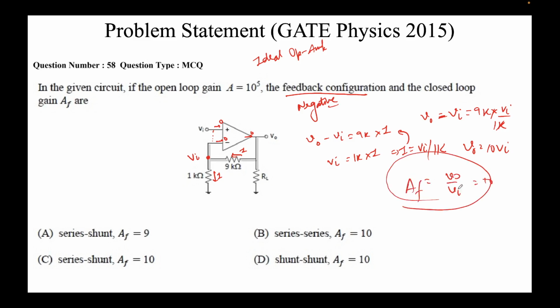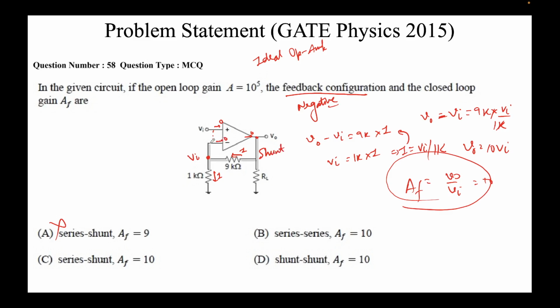This is the gain that we are getting. So this option is eliminated, because our gain is 10, which makes it the incorrect option. Now we have these three options left, and we need to identify which configuration this is. On the output side we are taking the voltage, in parallel to this, so this is a shunt here.